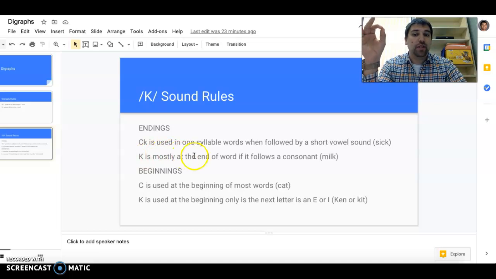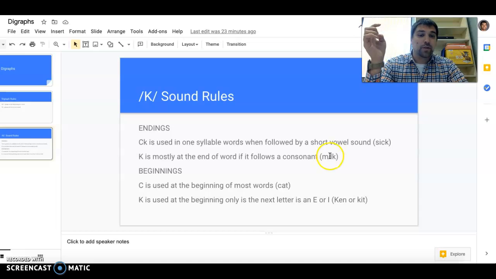And a K is mostly at the end of the word if it follows a consonant. A consonant is any other letter that's not a vowel. So in this word, there's an L. So this is milk. We have the L that comes after that I, and because there's that L there, and then the K sound, it has to be a K and not the CK.